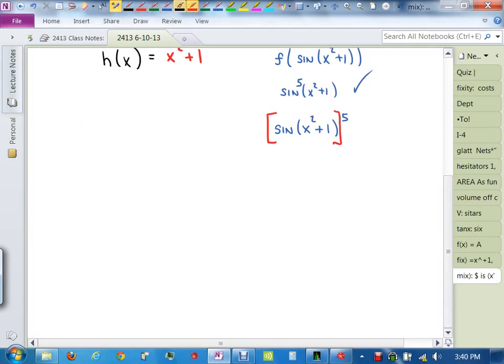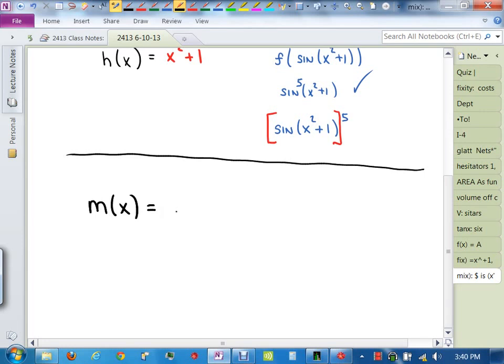So I'm going to give you a capital M, and I want you to try and break this down. Capital M of x equals fourth root, tangent, sine, square root x plus x.